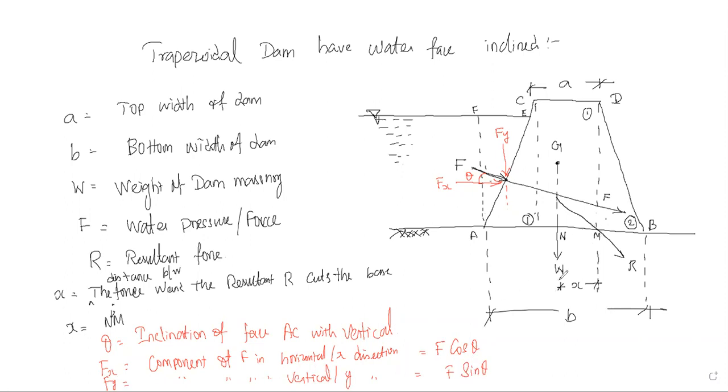Next, from A to M, the distance is denoted by the letter D. So AM is the distance between the points, denoted by D. Next, the total height of the dam structure is H. So H is equal to total height of dam, and small h is equal to height of water.